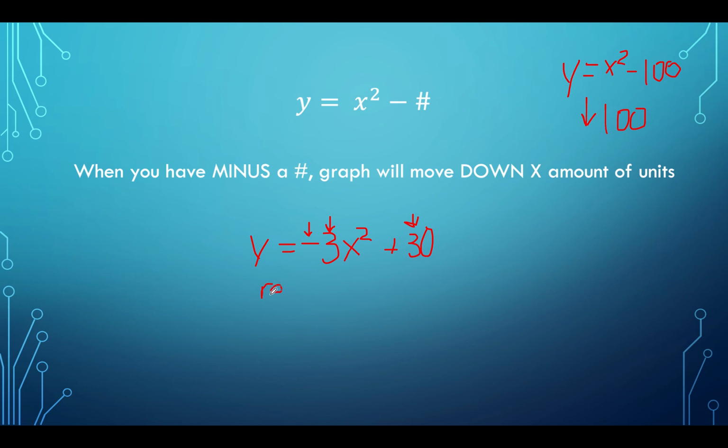It means it reflects. What does this 3 mean? It means it stretches. And then what does this plus 30 mean? It means it goes up 30.